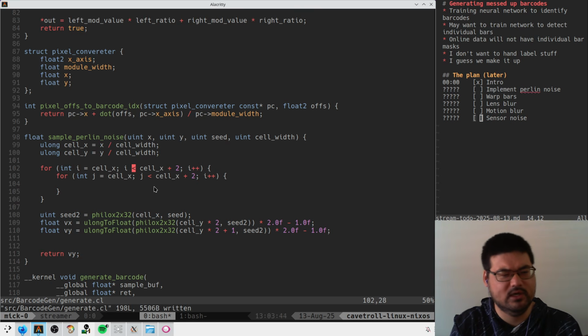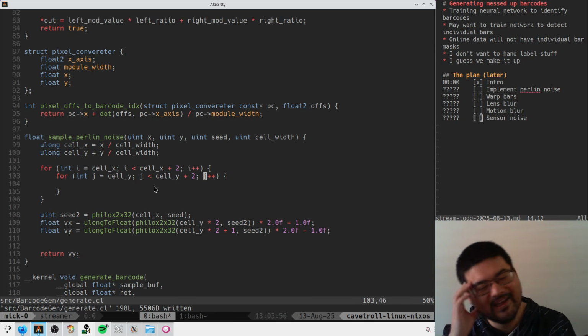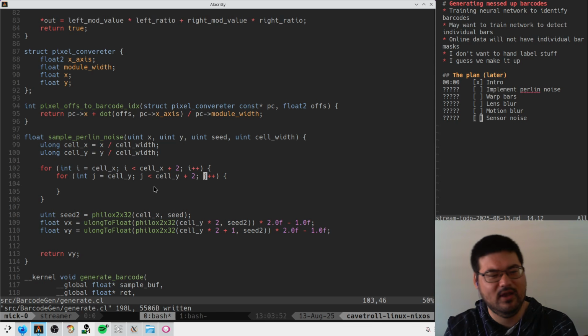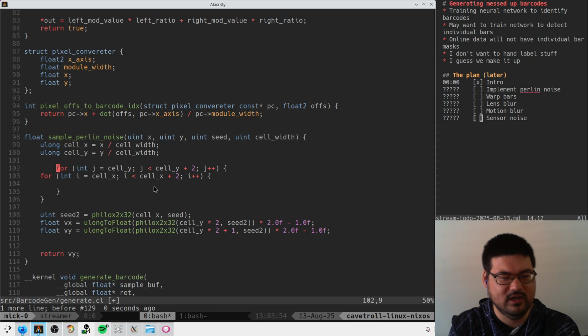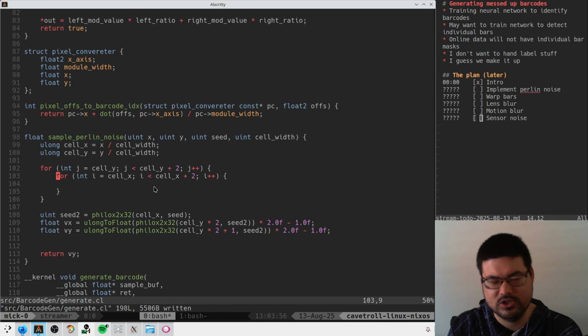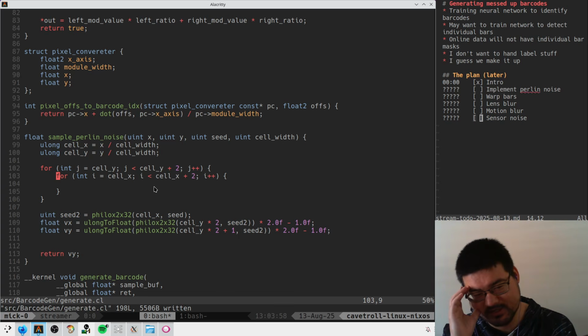Right? And this should be cell y, not cell x, and this should be j++, not i++. Dude, for loops, man. And then I guess we should really do y then x. Not that it really matters, but just for habit, it's better to do x on the inner.